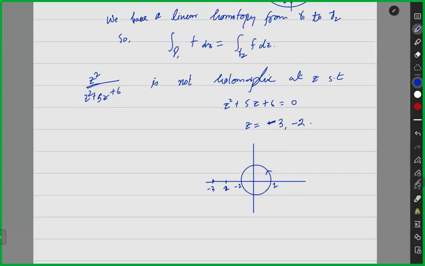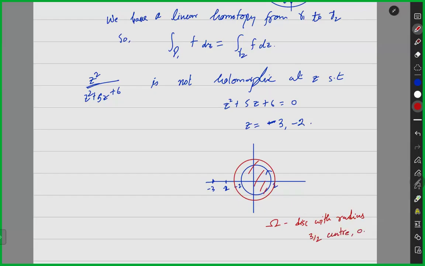So we can take omega, this is our omega. Omega is a disk with the same center, with radius maybe 3/2, center 0.